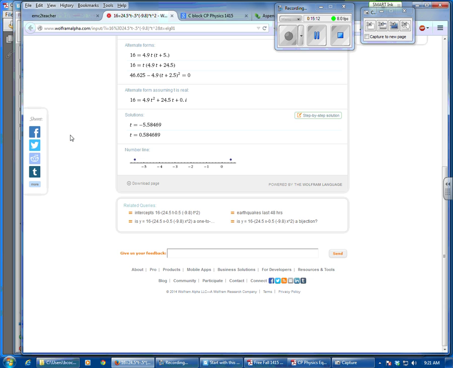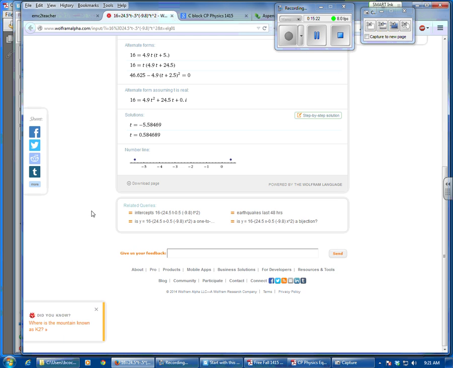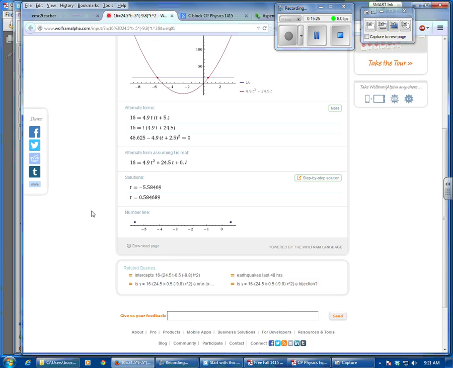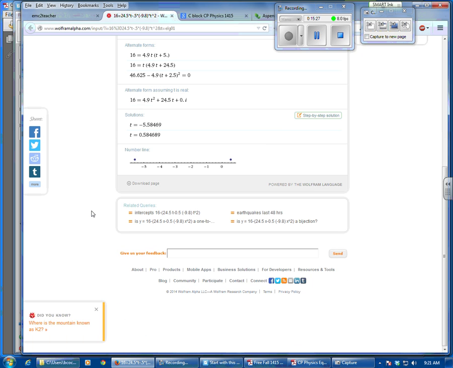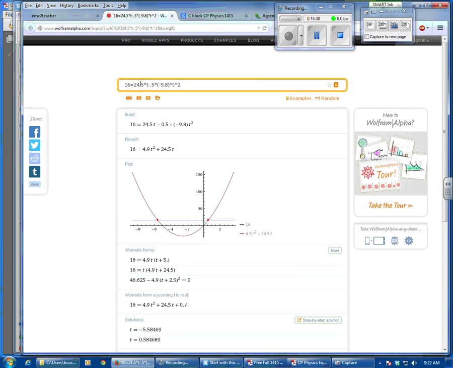Because math isn't as smart as physics. Math says on that equation, it hits that point twice, once in negative time and once in positive time. Which one do you think we care about? Positive time. You can't have negative time. So it's the 0.584. How do you move backwards in time?